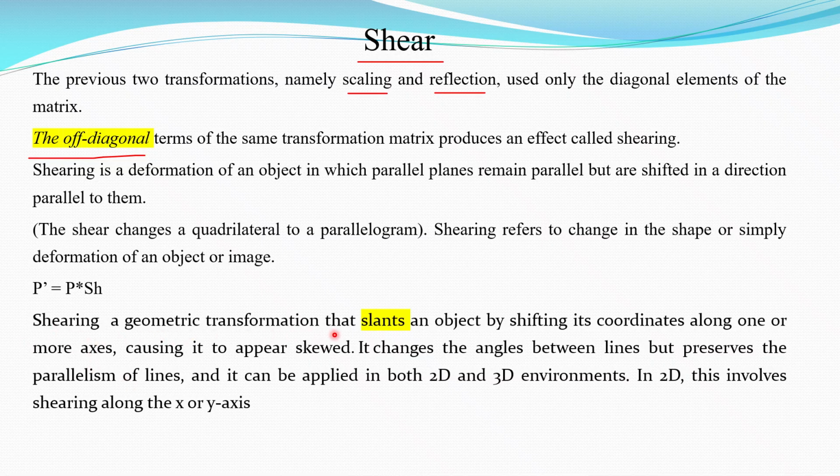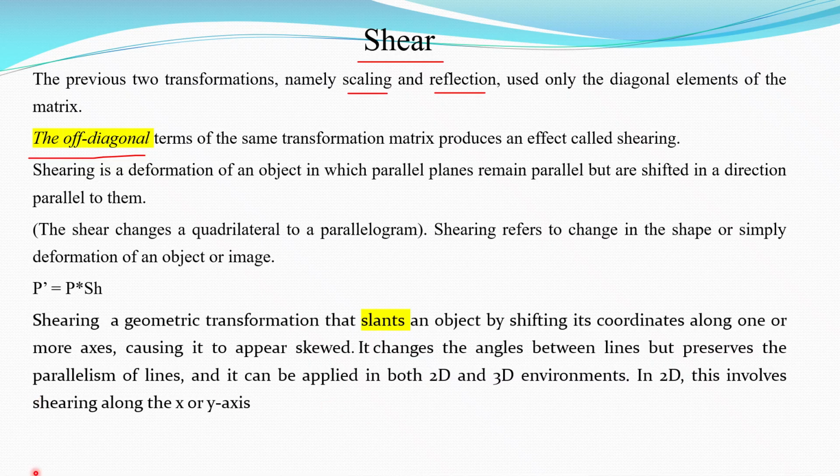Shearing is a geometric transformation that slants, meaning bends a little, an object by shifting its coordinates along one or more axes, causing it to appear skewed. It changes the angle between lines but preserves the parallelism of lines, and it can be applied in both 2D and 3D environments.